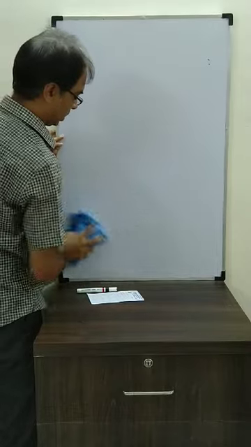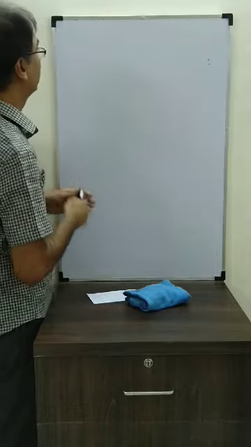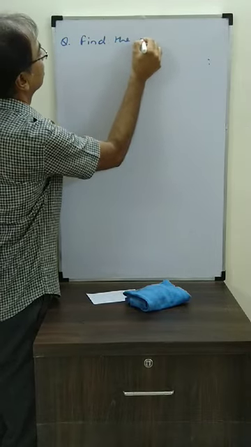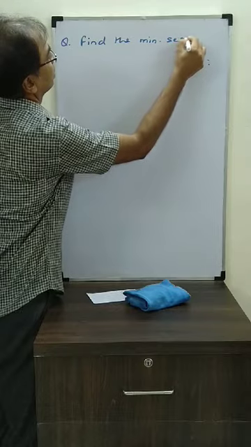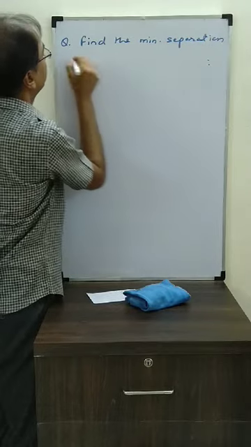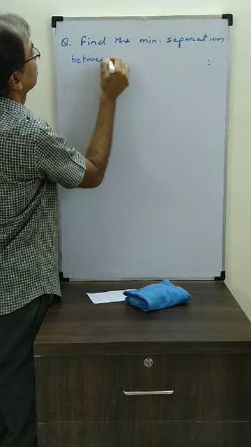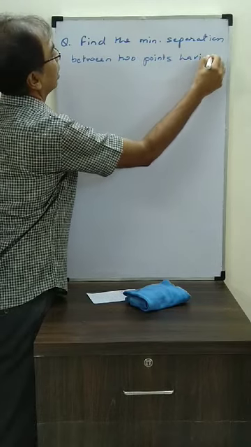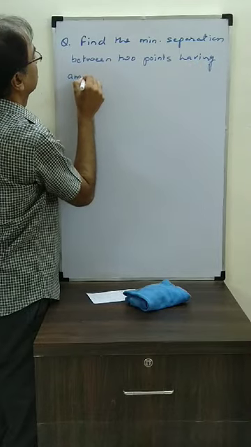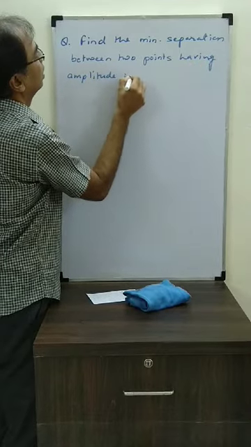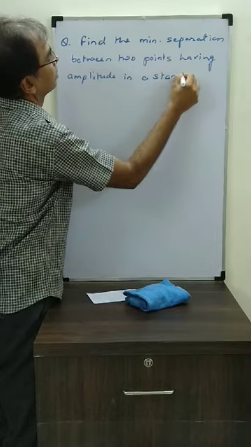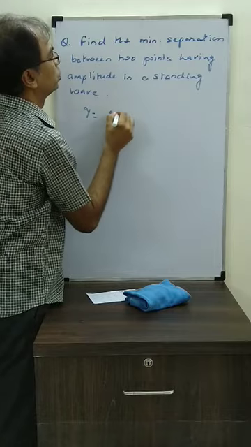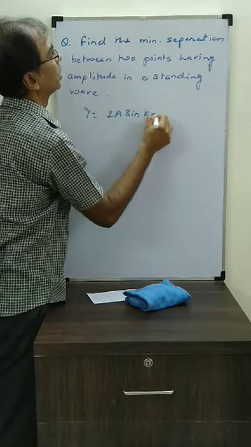The question is: find the minimum separation between 2 points having amplitude A in a standing wave, y equal to 2a sin kx cos omega t.